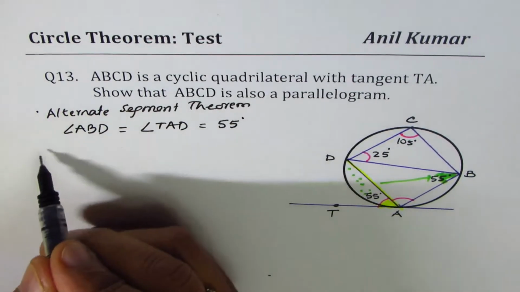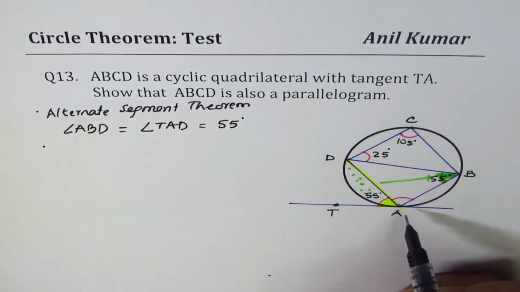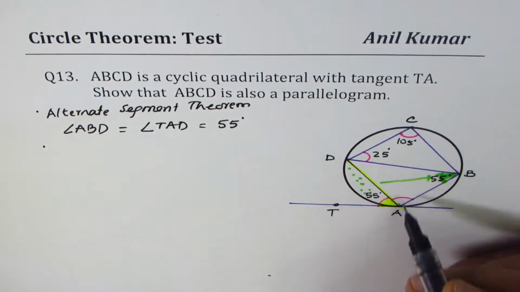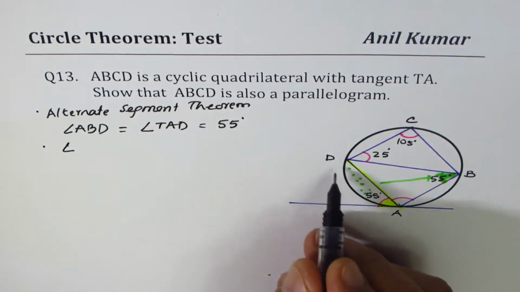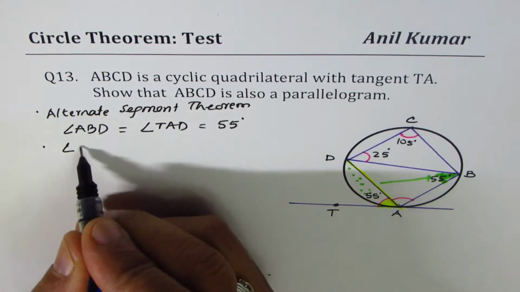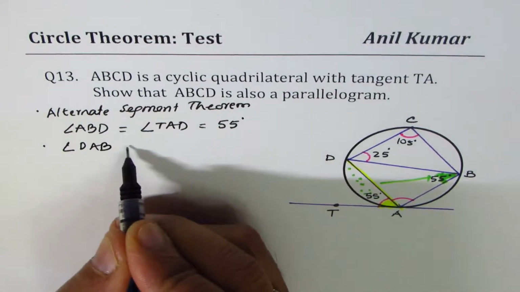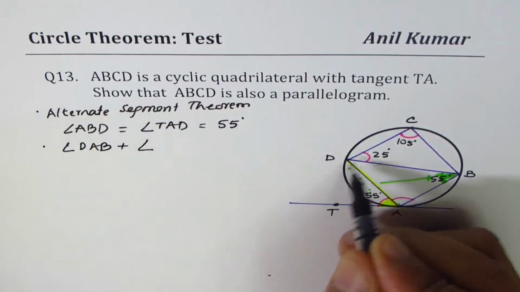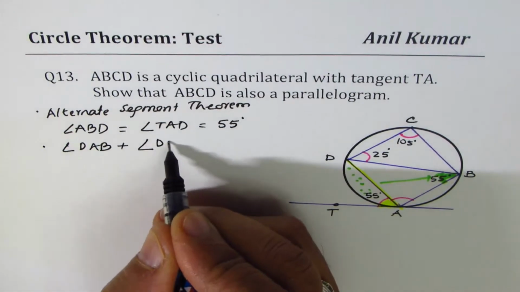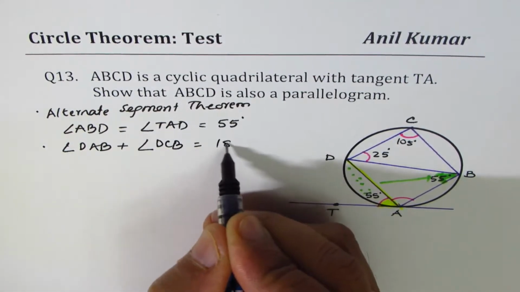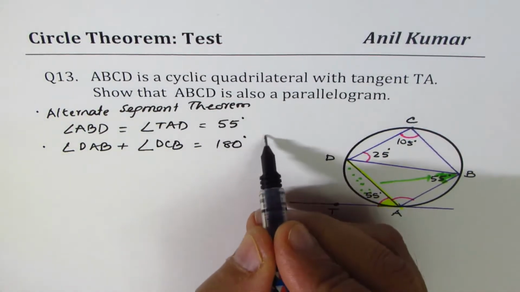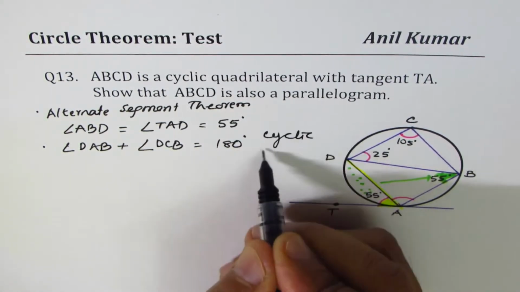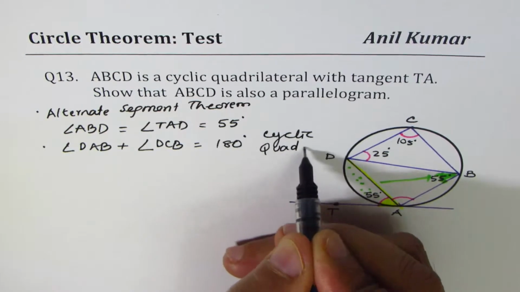Now, let's look into the quadrilateral. Cyclic quadrilateral means the sum of opposite angles is 180, right? So angle A, which is DAB, plus angle DCB should be equal to 180 degrees. This is from the property of a cyclic quadrilateral.